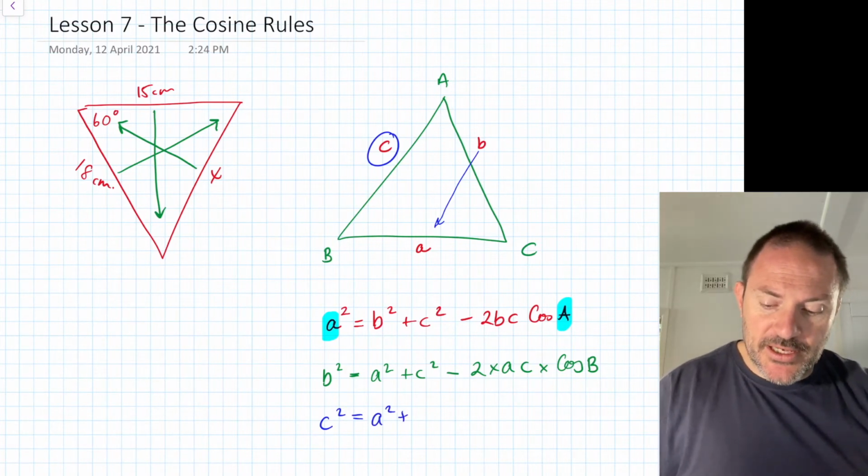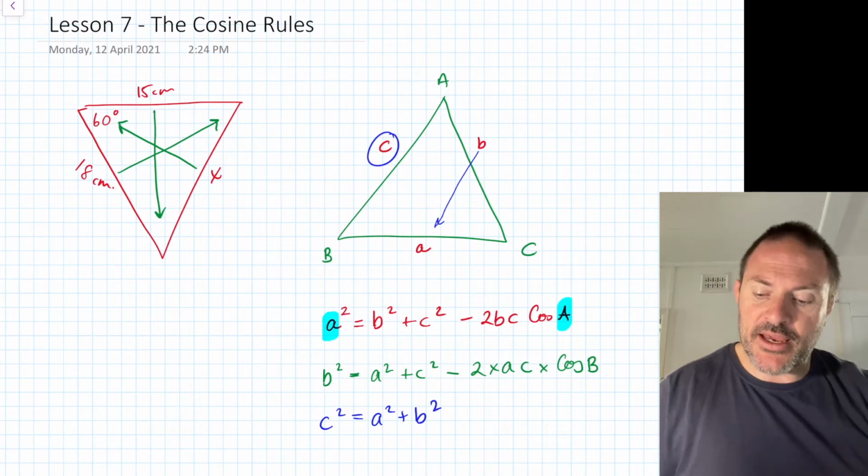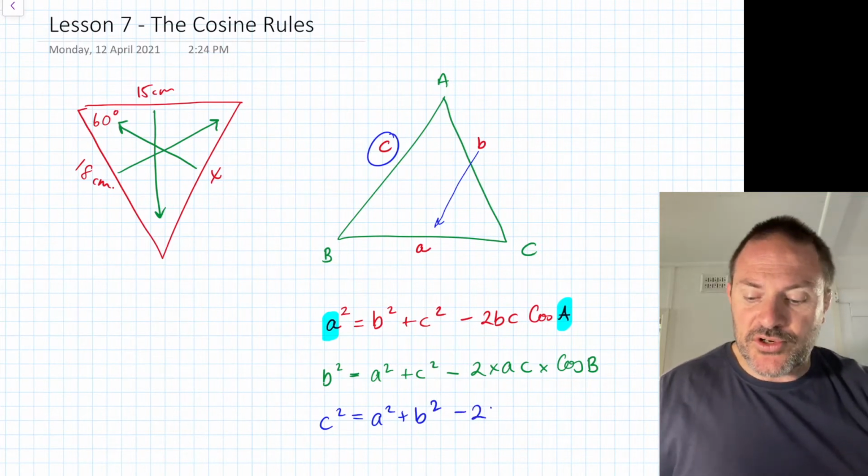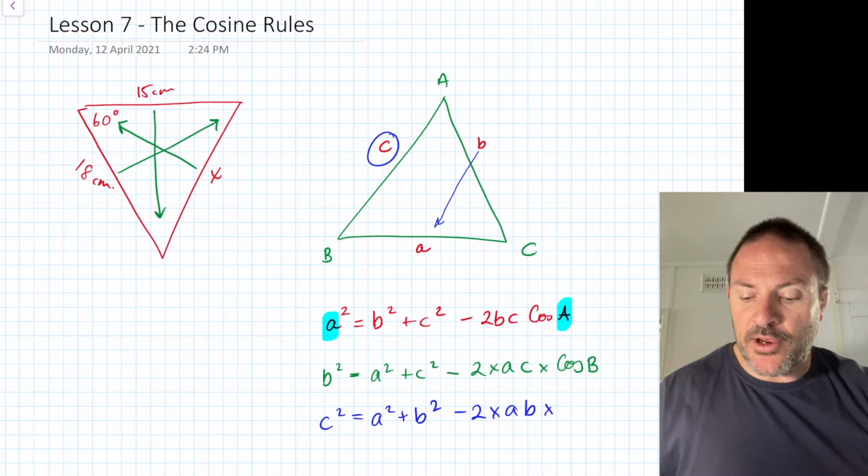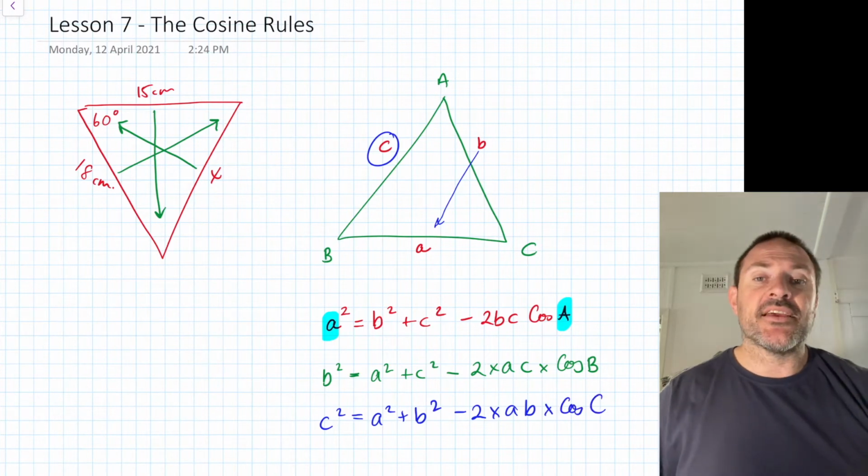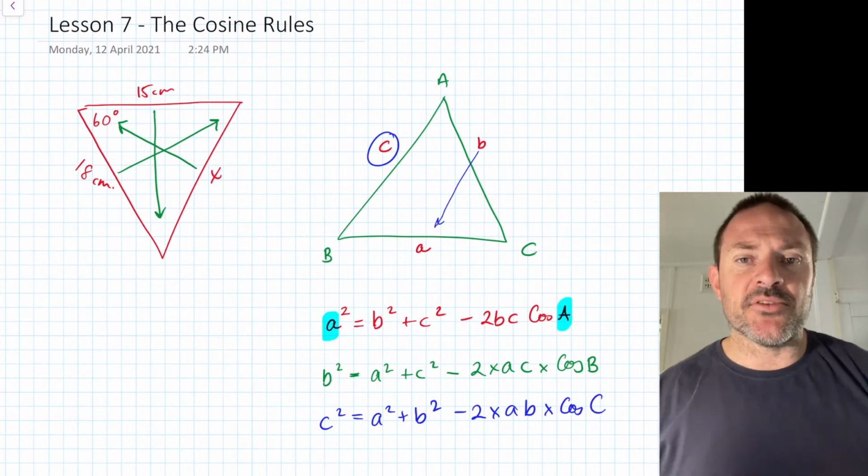So a squared plus b squared, minus 2 times a times b times the cosine of big C. So just know the positions. That's all that really matters here.